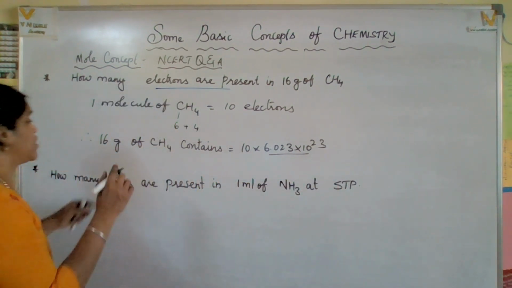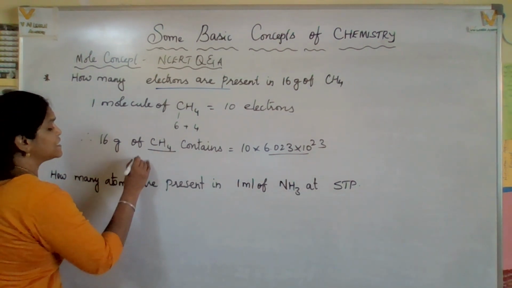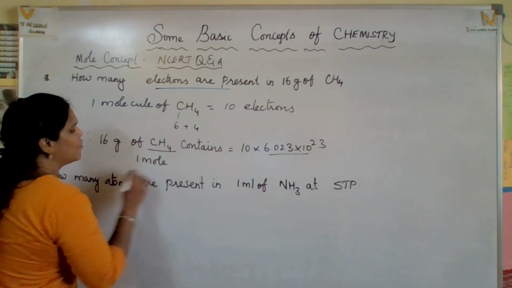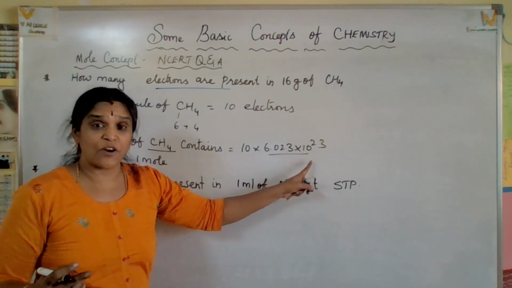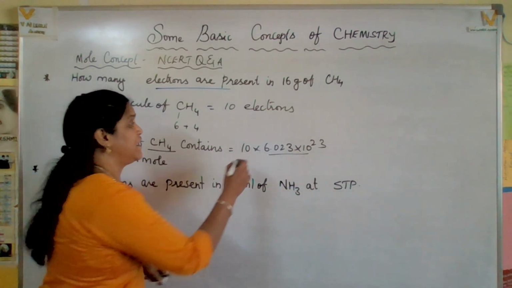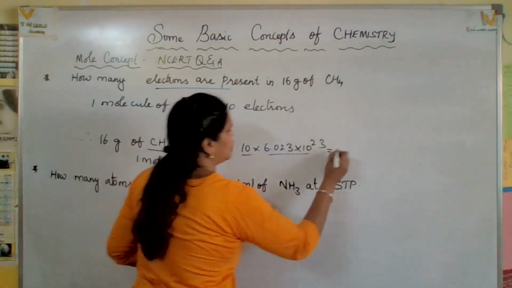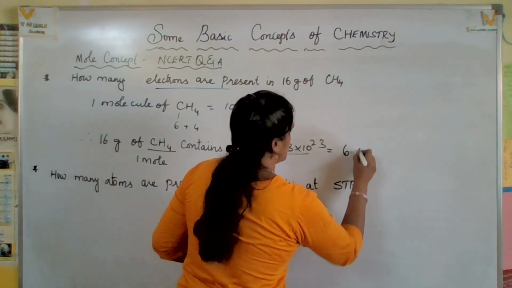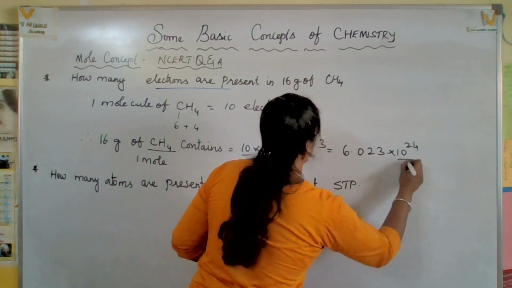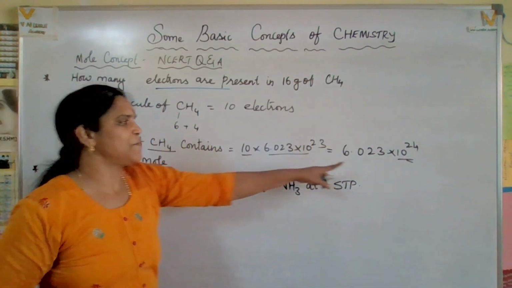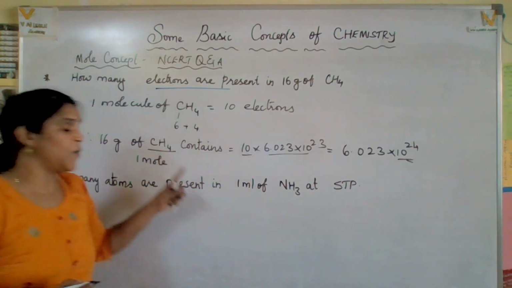That is actually what it is. 16 gram, that is 1 mole. 1 mole of methane contains how many molecules? It is 6.023 into 10 to the power of 23, into 10 electrons. So you will get the answer 6.023 into 10 to the power of 24, because 10, I just put it as 24. Hope you're clear with this.